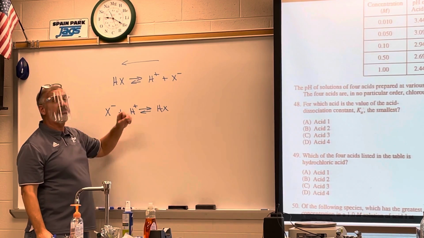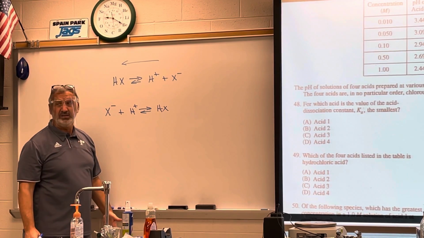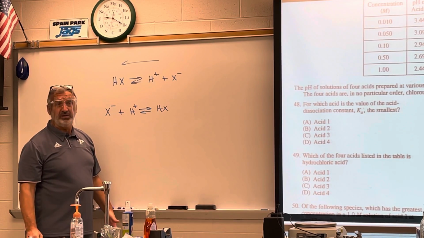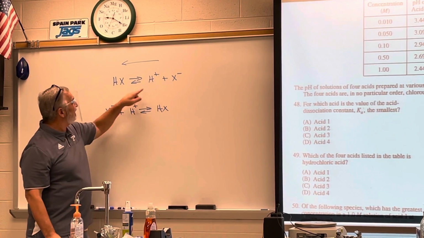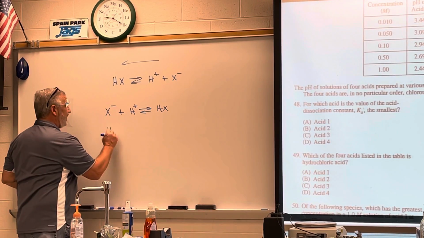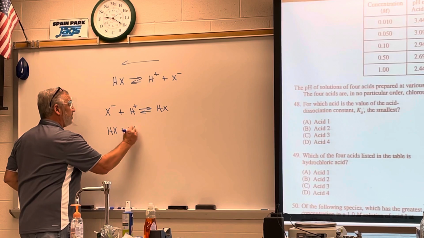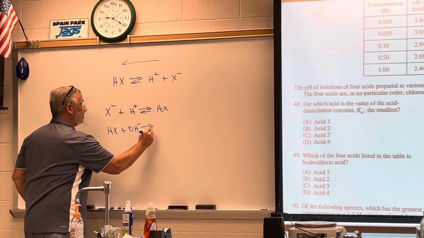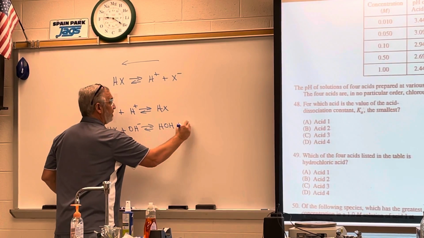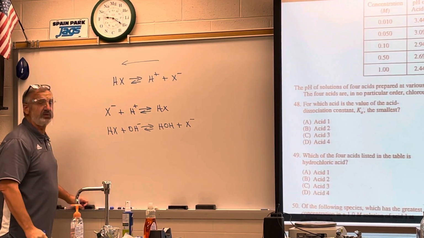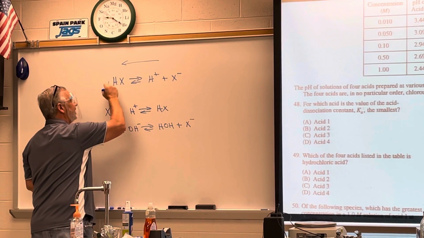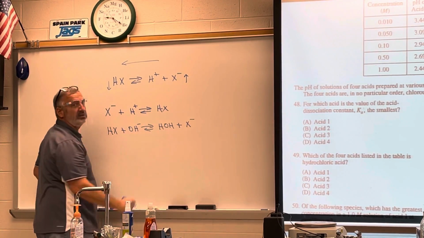But if I add more base, what's it going to react with? Well, I always kind of say that, but the reality is if you want to write a net ionic equation, you're going to say HX plus OH minus goes to HOH, plus X minus. The reality is that this is going to go down and this would go up.